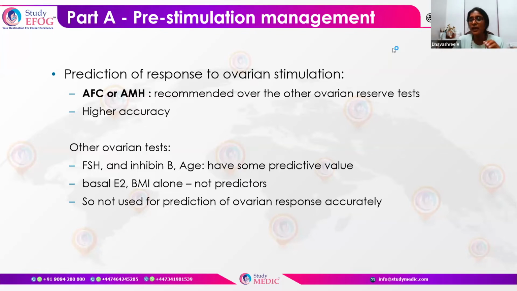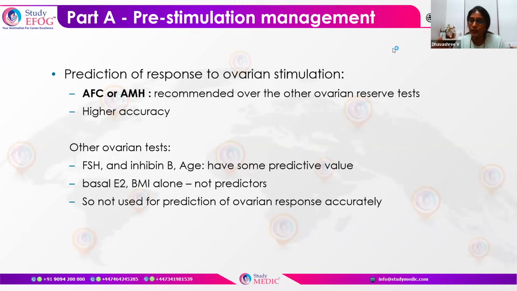Only an antral follicle count or an AMH can be used to predict ovarian response. Each of them alone can be used as a marker, but if we combine both, it increases the prediction.